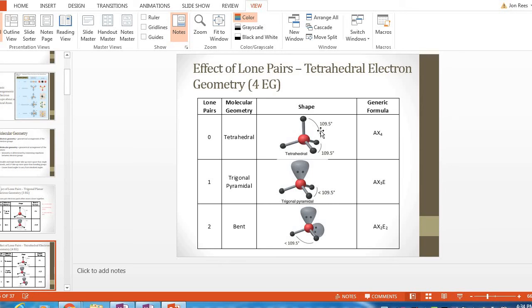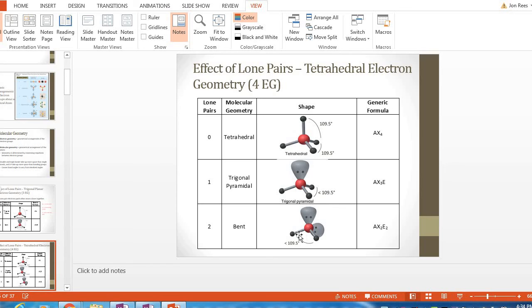And since there are no lone pairs, if you look at the effect of a lone pair on the trigonal pyramidal, then you see that the lone pair makes those angles, notice the less than sign. If you did have a lone pair, which we do not, you would expect these bond angles between these atoms to be less than 109.5.